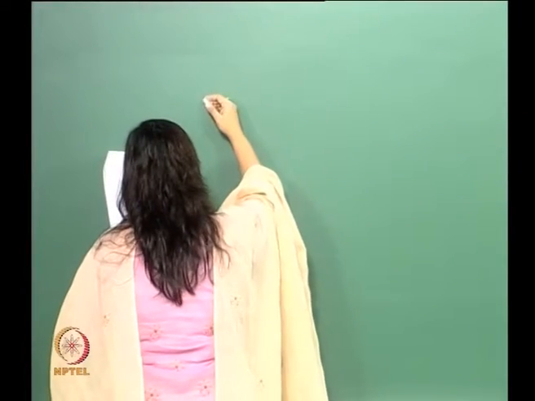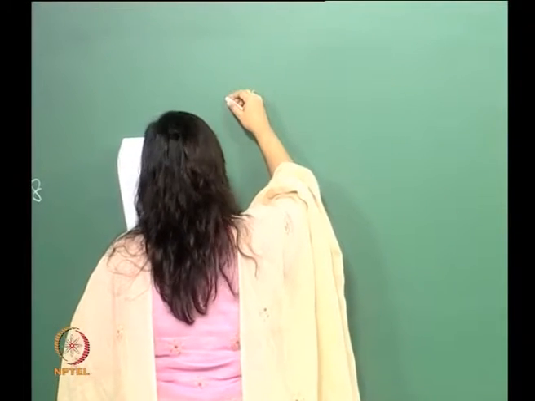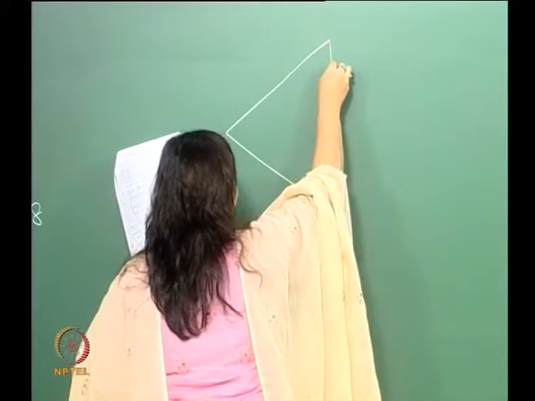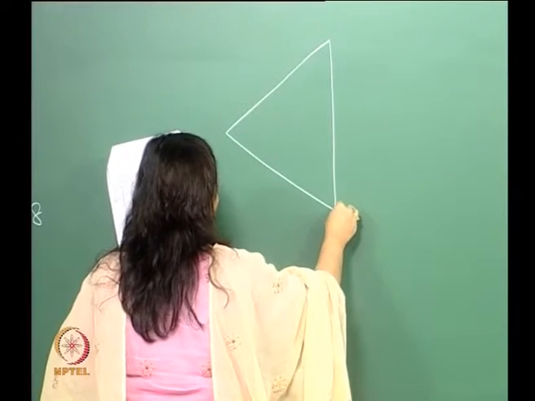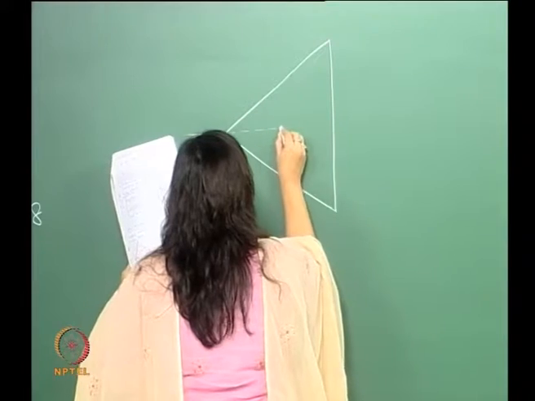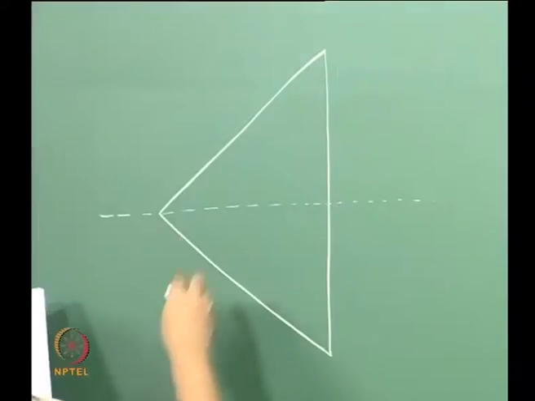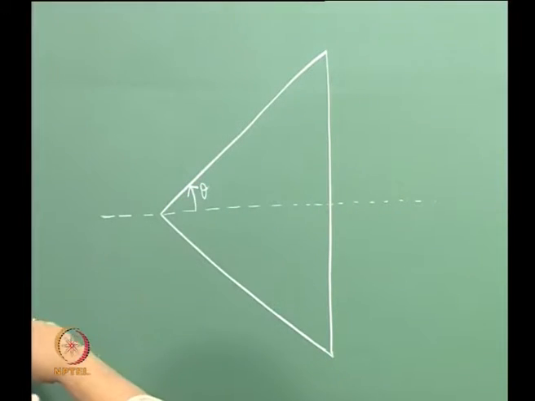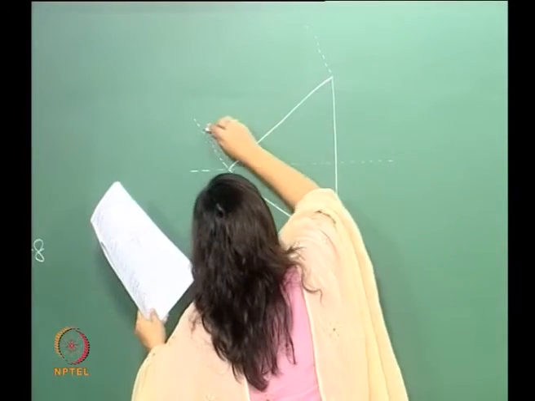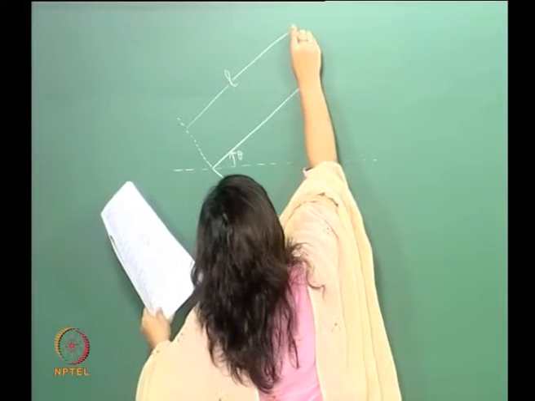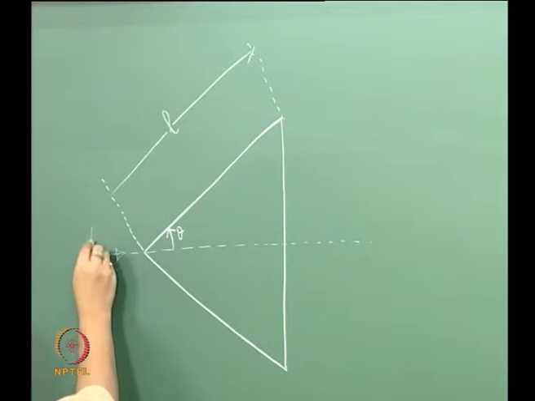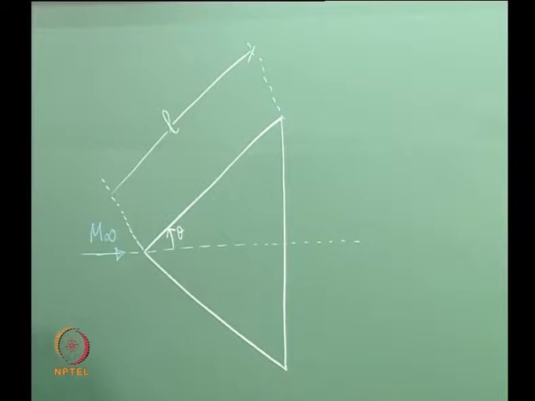So essentially, if you have this, theta, and I'm going to call this length L, and we have an incoming Mach number.